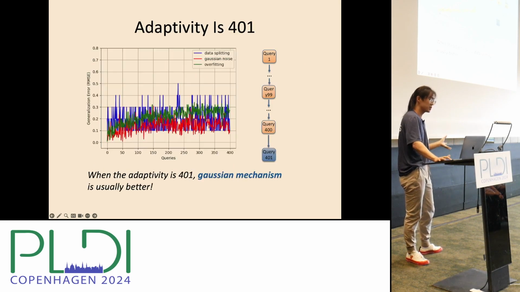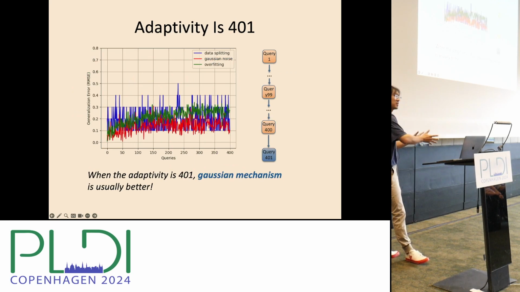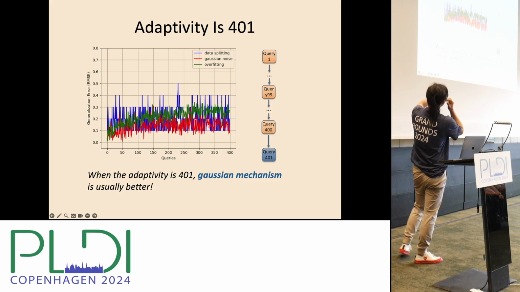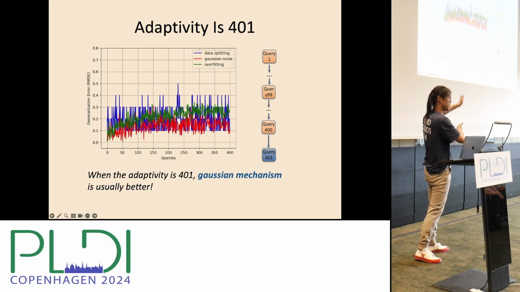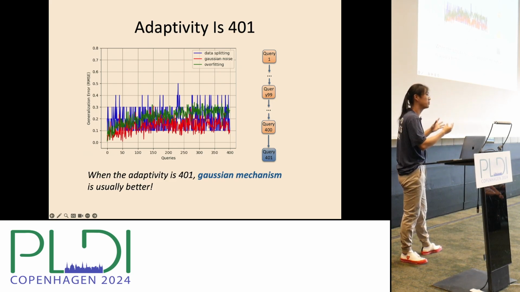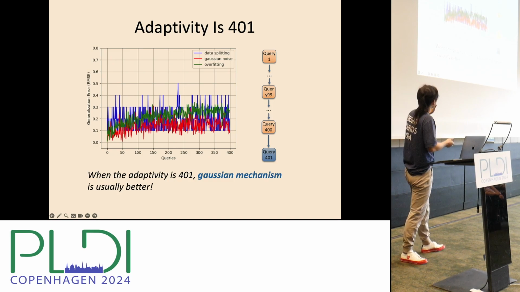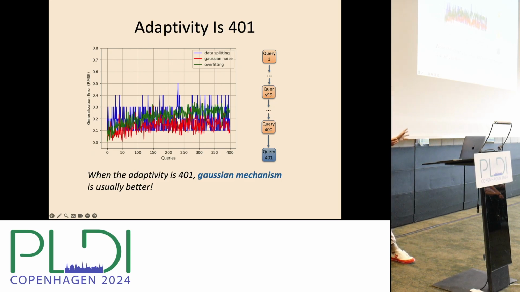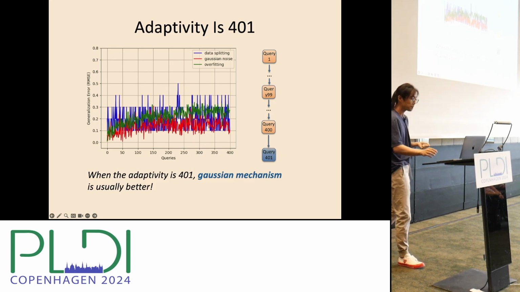Going further, if we change this program a bit to make every query rely on its previous queries one by one, then the depth of the chain becomes much larger, and the adaptivity becomes 401. Our experiment shows that in this case, the Gaussian mechanism is usually the better one.